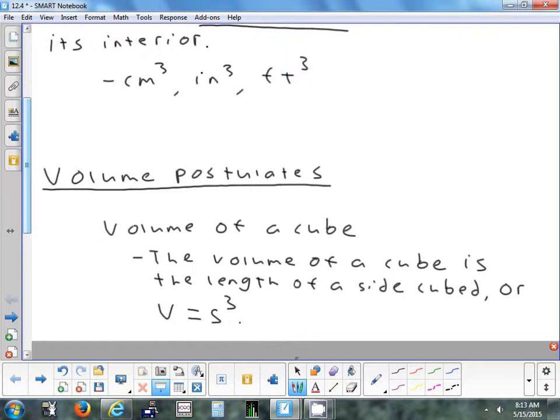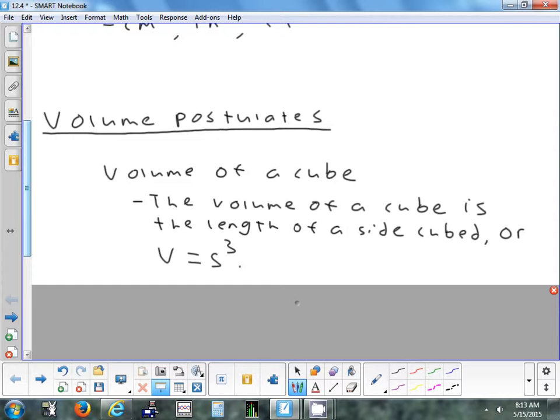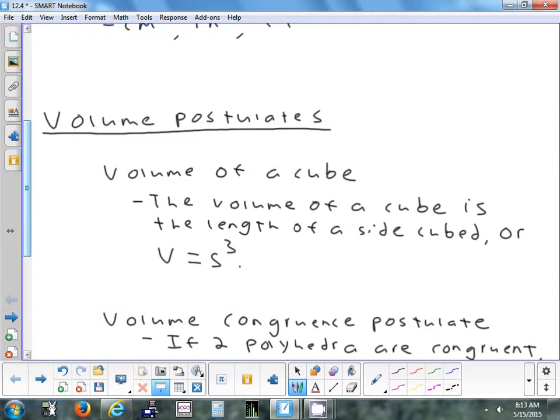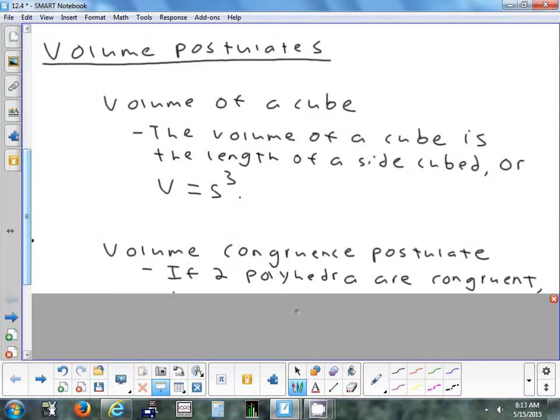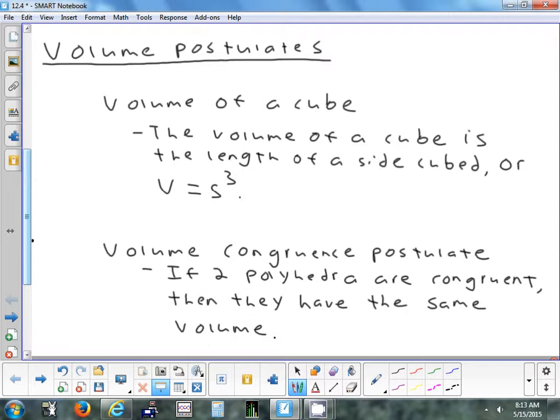Generally, when we talk about a prism, maybe in the shape of a Kleenex box or a piece of styrofoam, the length, width, and height might all be different dimensions, and that's when we'd use that. So that's the volume of a cube: V equals S cubed. And that's on your MCAS reference sheet.